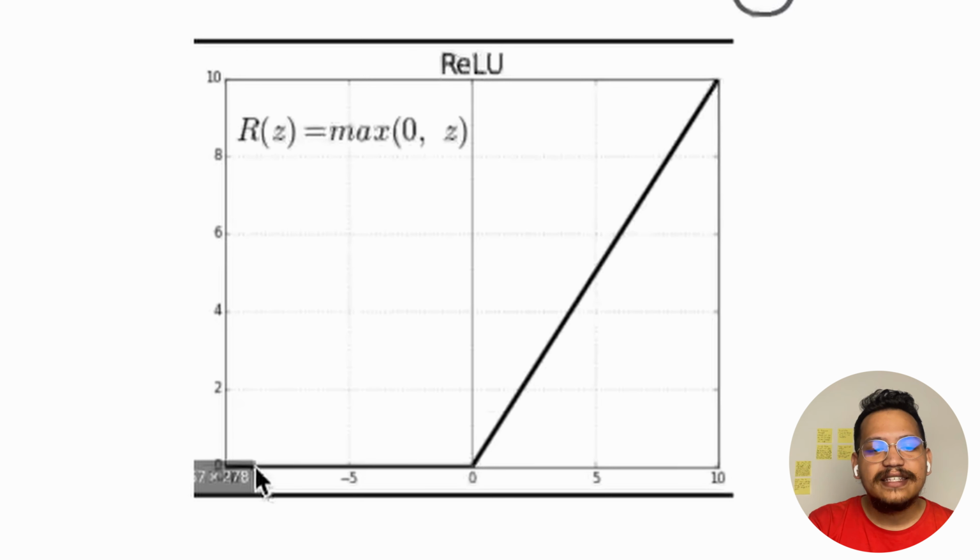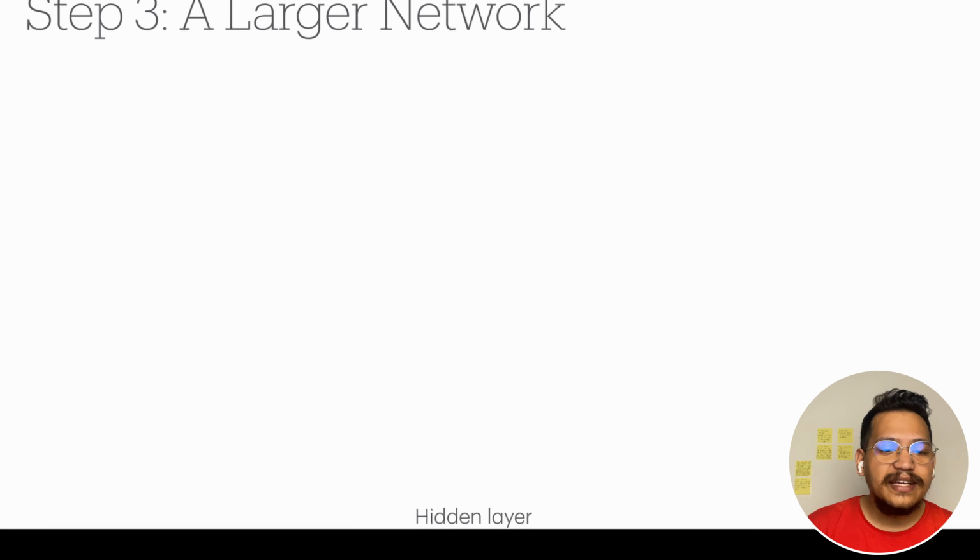Think of it as output equals max of 0 and Wx plus b, where W is the weight and b is a bias. Don't worry about the weight and bias thing, we will explain more about it in the upcoming videos.